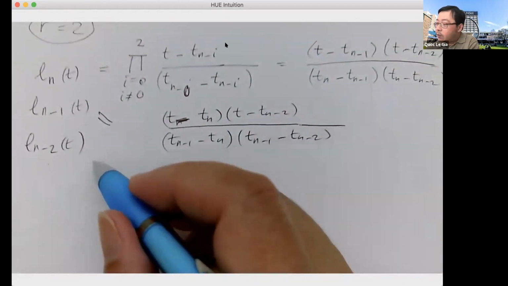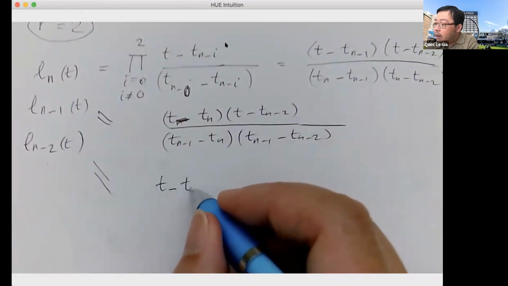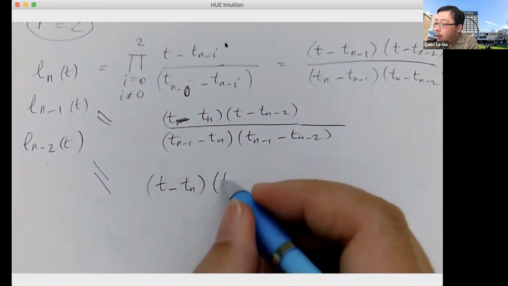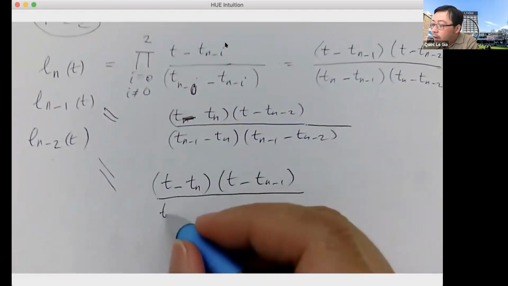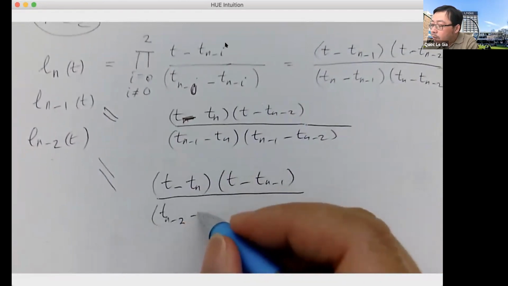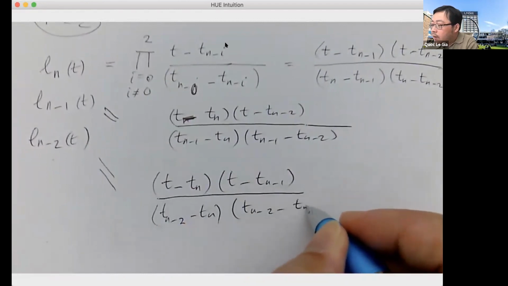And the last one will be (t minus t_n)(t minus t_{n-1}) over (t_{n-2} minus t_{n-1})(t_{n-2} minus t_n).